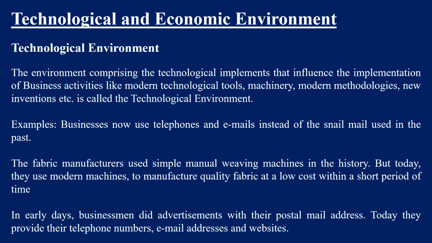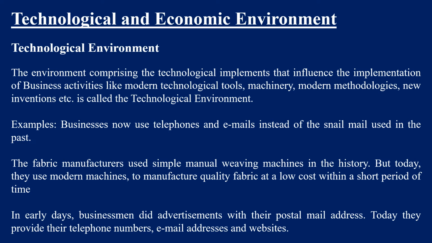And also another example is that fabric manufacturers used simple manual weaving machines in the past, but today they use modern machines to manufacture quality fabric at a low cost within a short period of time. Earlier, different manual machines were used in the garment industry, the fabric manufacturing sector.